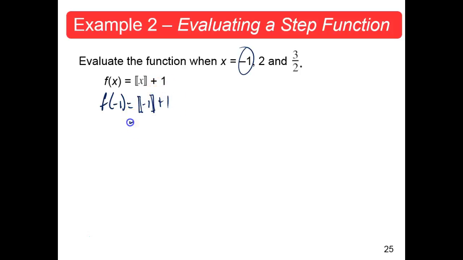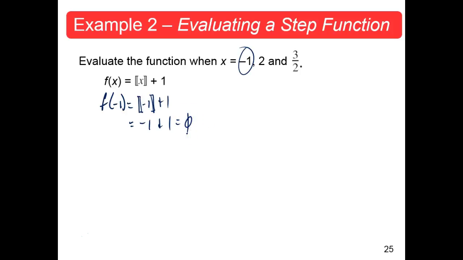And what is the greatest integer in negative 1? Remember the definition? The greatest integer, the integer less than or equal to what's inside there. Not 1. This is absolute value. It is negative 1. So that would be negative 1 plus 1, and that would be 0.